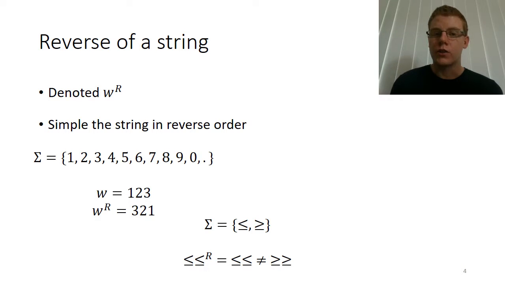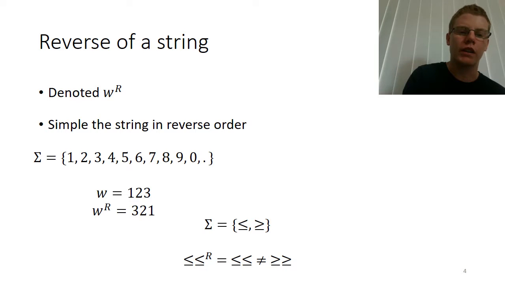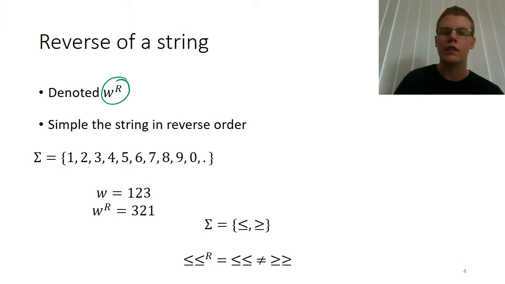Another operation that we can talk about, which is very simple for a string, is the reverse of a string, and we denote that using an uppercase R index, so sort of like W squared, but it's W to the capital R. What that is, is the string in reverse order. So for a string consisting of the symbols 1, 2, 3, W reverse is just 3, 2, 1.